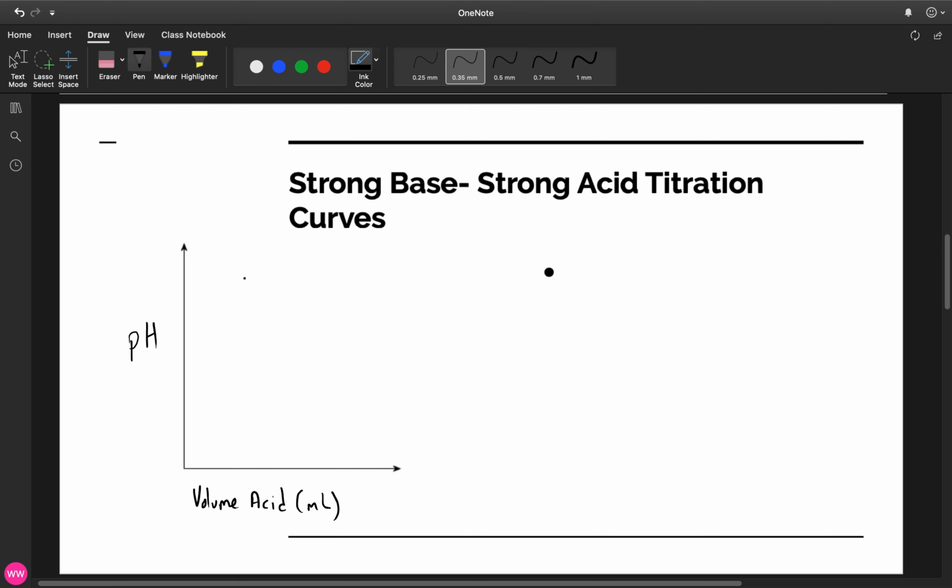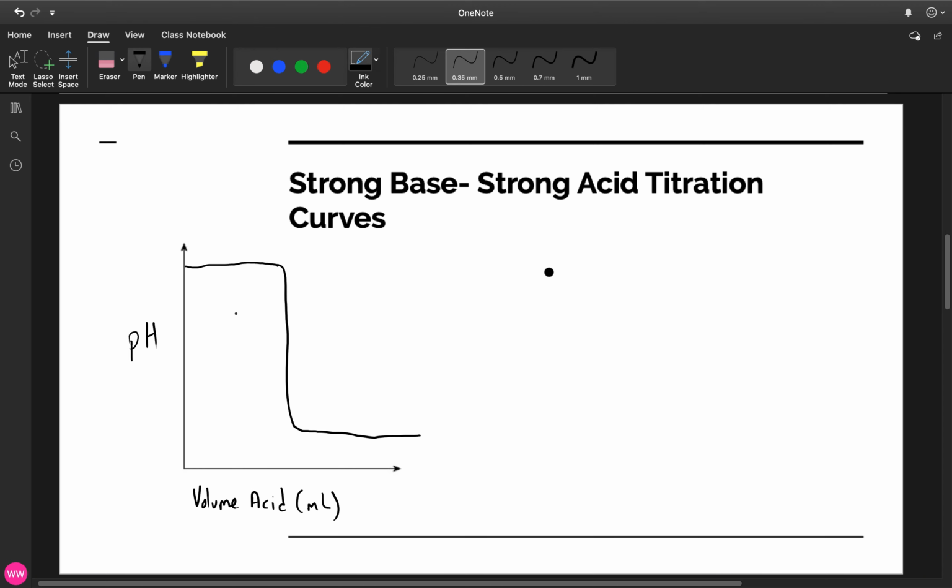For these graphs, we always start off at either a high pH or a low pH. And because we're analyzing a base, we're going to start off with a high pH. As we add acid, it slowly goes down, and then eventually you get this drastic, sharp fall, and then it levels off again.